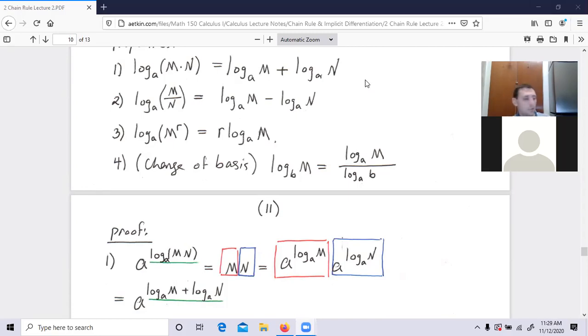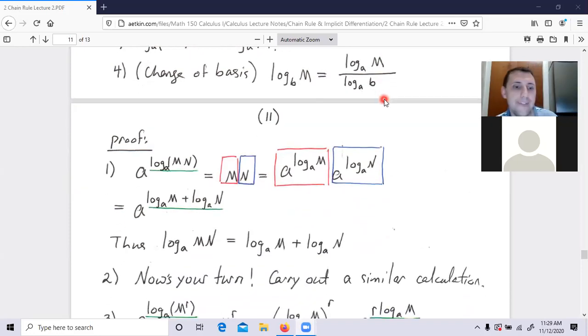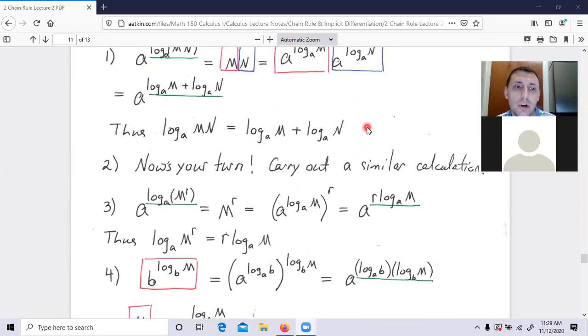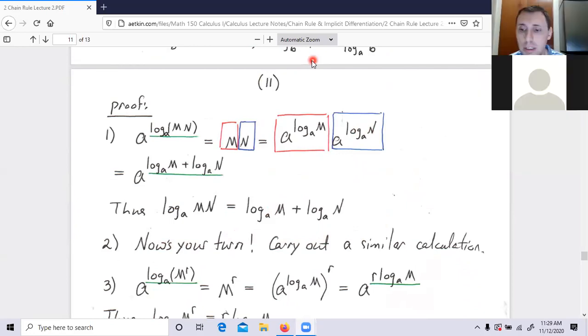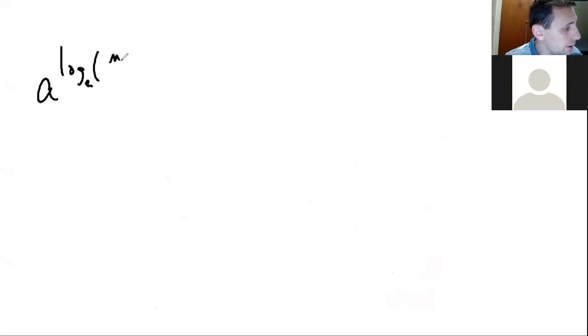All right, guys, let's do that. Here we go. Property 2, I actually didn't write it out. It's a similar calculation. Let me write it here. I take a to the power of log base a of m divided by n, and that's simply m divided by n.